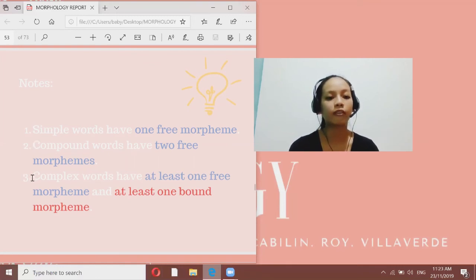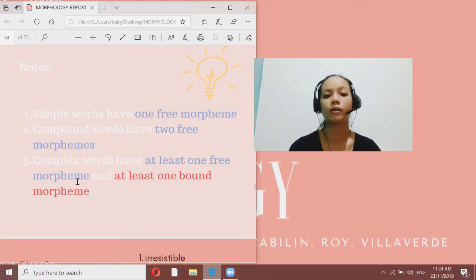Lastly, we will have complex words when there is at least one free morpheme and at least one bound morpheme. So simple words have one free morpheme. Compound words have two free morphemes, as discussed a while ago. And complex words have at least one free and at least one bound morpheme.